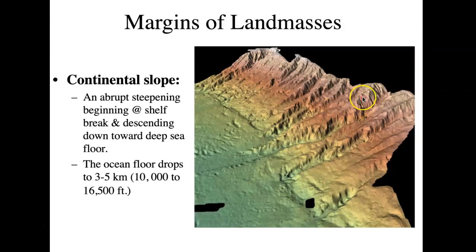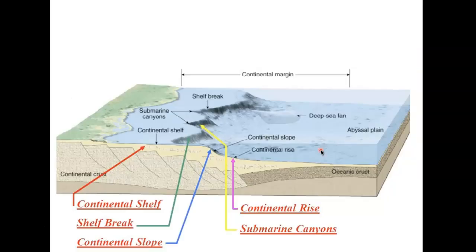So again, this is a really steep drop down to the deep sea, basically. I like this image because it shows you a little bit of everything. You can see the shelf break here, you can see the continental slope, and then we'll talk about the continental rise here at the bottom in just a minute. But it also shows you some of these submarine canyons as well.